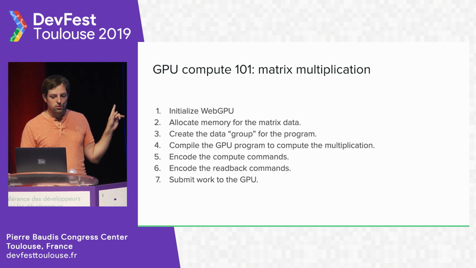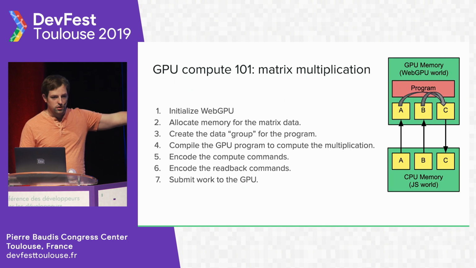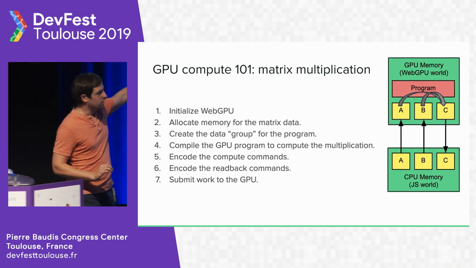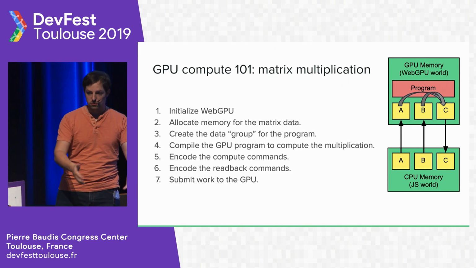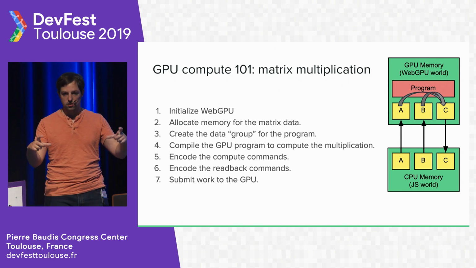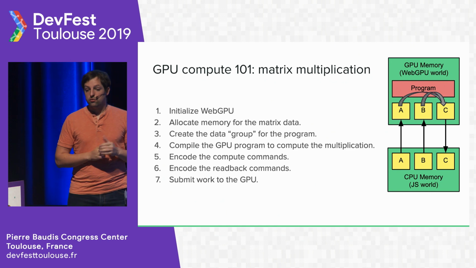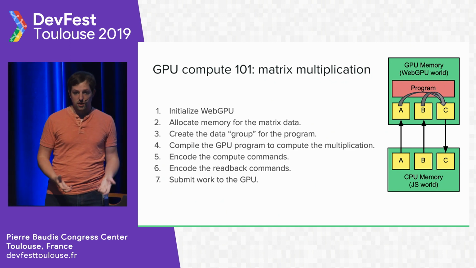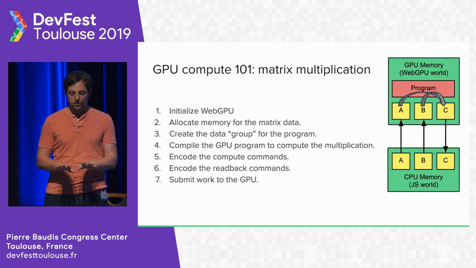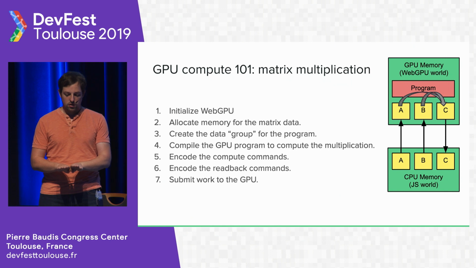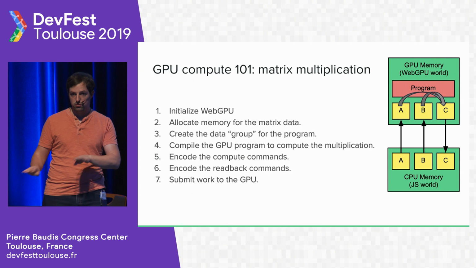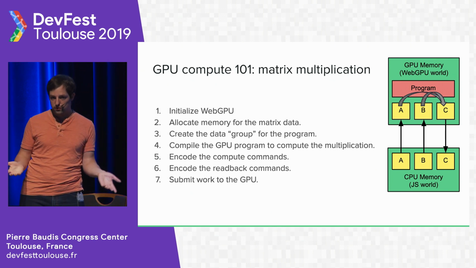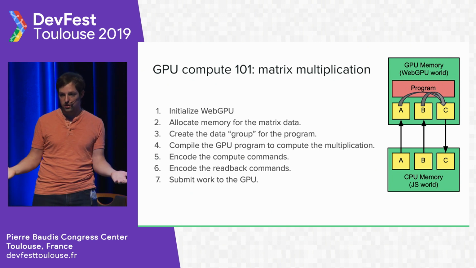And this is what we're going to go through, and there's a drawing, so you don't have to read the text. Basically, what we need to do is execute something on the GPU. That's the program in the red box. To do this, we need our matrix data on the GPU. The reason I say this is because the memory spaces for CPU and GPU can be separated. Sometimes they aren't, but sometimes they are.